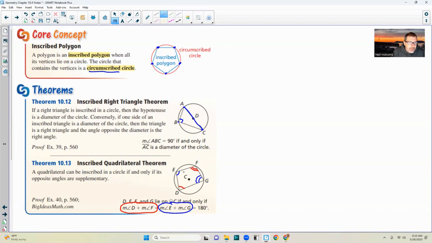So if these two add up to 180 and these two add up to 180, their sum is 360. And we already know from prior chapters that all four-sided figures have angles that add up to 360 degrees. So all quadrilaterals have a sum of 360 degrees in their angles. Okay, so now let's take a look at some examples.